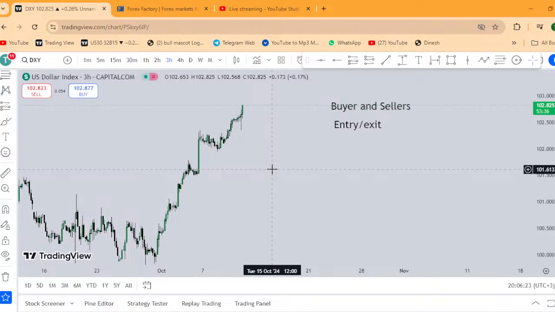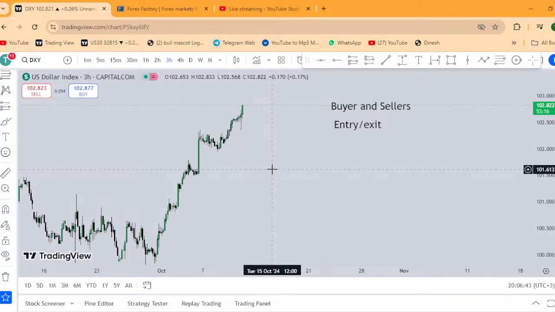So if you want to approach technical analysis, you have to break it into different portions. Portion number one, you have to identify the area for buyers and sellers. Number two, your exit level and your entry level.